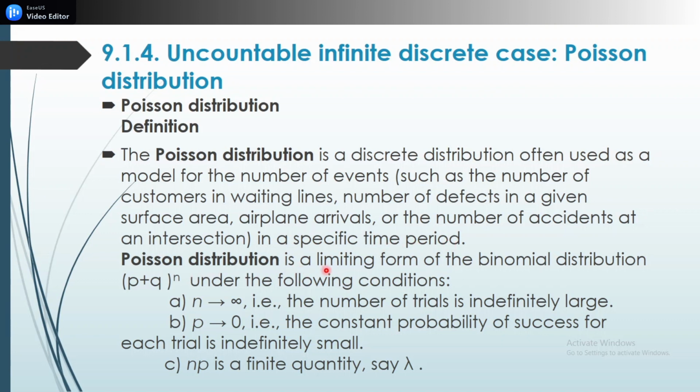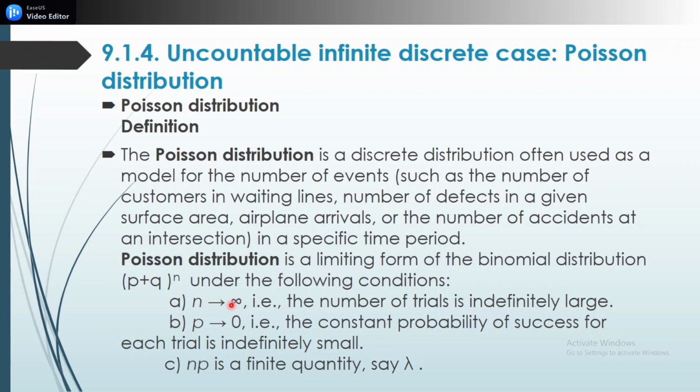A Poisson distribution is a limiting form of the binomial distribution. When n approaches infinity, we will use the Poisson distribution. We can't use the binomial distribution because n, the number of trials, is very high, up to infinity, very big.